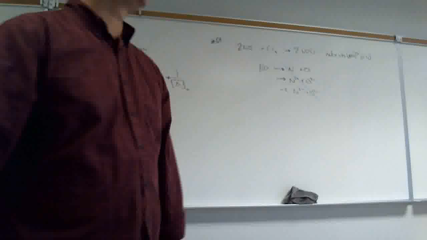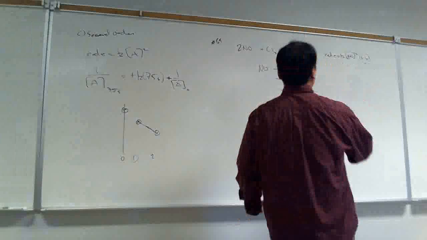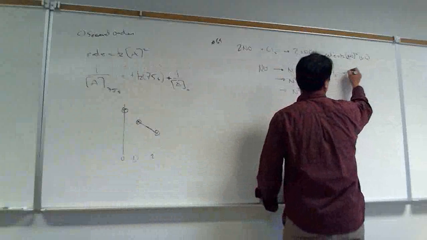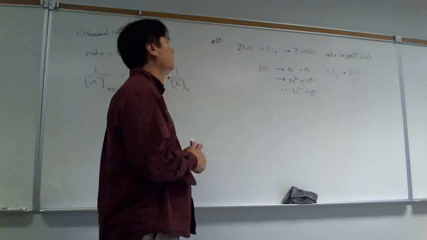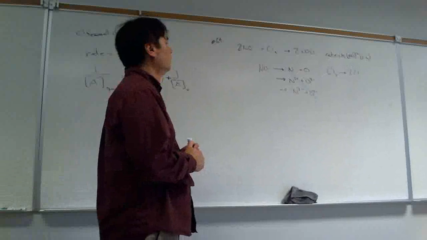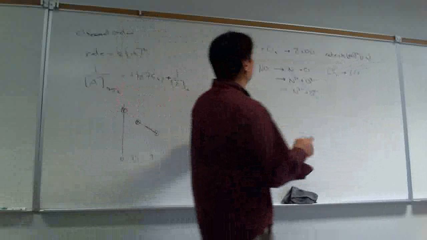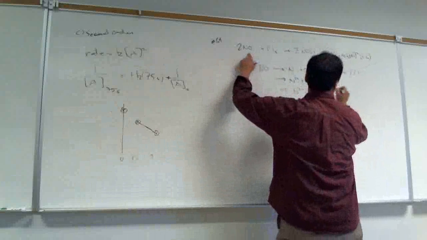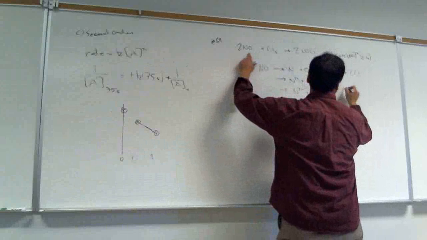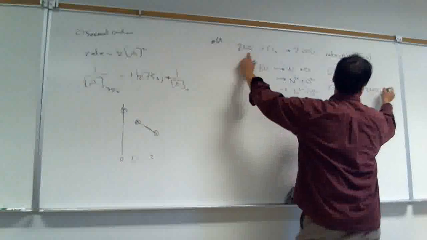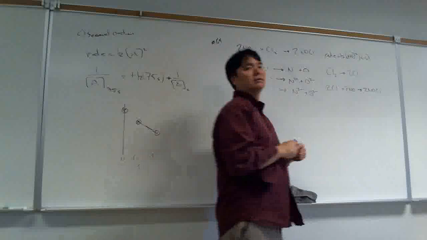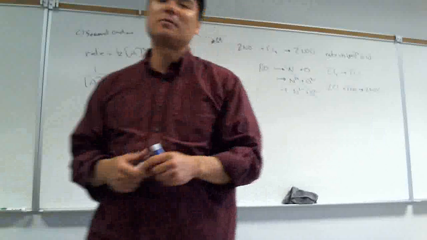Unimolecular for Cl2. Yeah, that could happen. Cl2 goes to 2 Cls, maybe. And then another one would be, this is a two-step: 2 Cls with 2 NOs yields 2 NOCls. But look at the collision in the second step. What kind of collision is that?